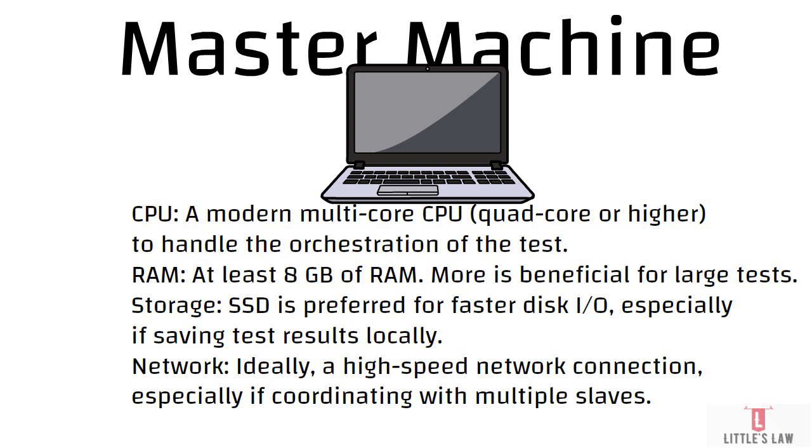The ample RAM will avoid bottlenecks when handling a large number of virtual users and extensive test plans. The SSDs play the main role here. SSDs speed up loading of complex test plans and temporary file operations during execution. And finally, high speed networks will ensure responsive communication, which is crucial for complex scenarios with multiple slaves.